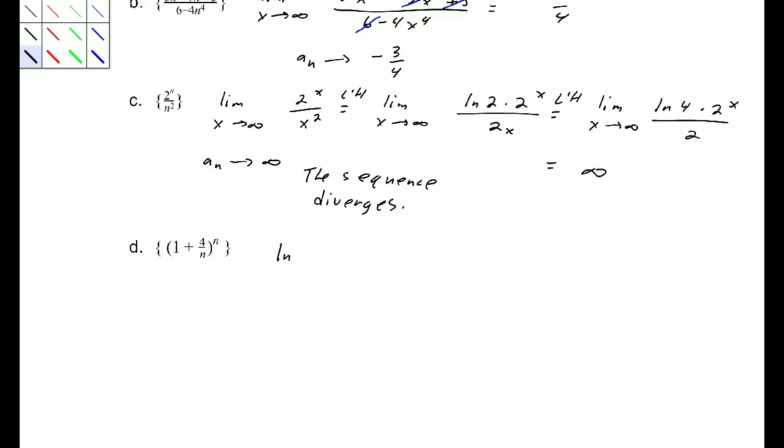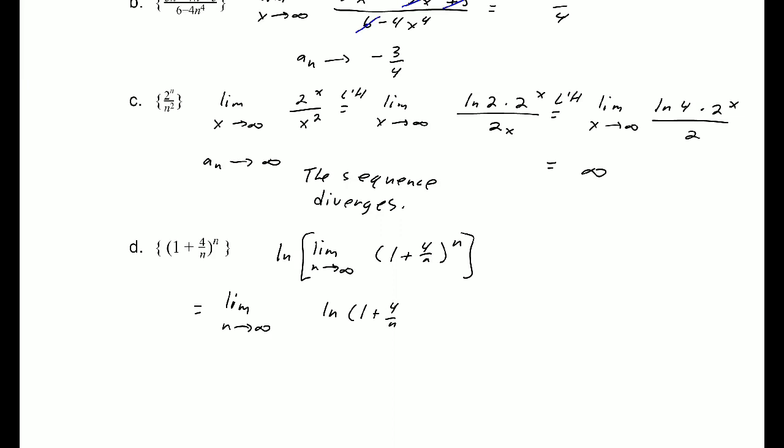So we're still taking the limit of 1 plus 4 over n, to the n. By taking the natural log, because the natural log is continuous, we can interchange these. So this is the limit as n goes to infinity of the natural log of 1 plus 4 over n, to the n.